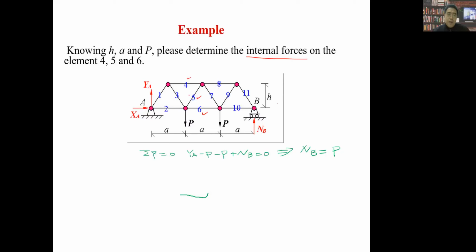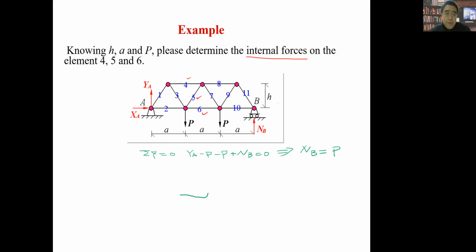Can you figure out the big difference between this example and the last one? Can you find the big difference from the example we just finished using the method of joints? Can you?